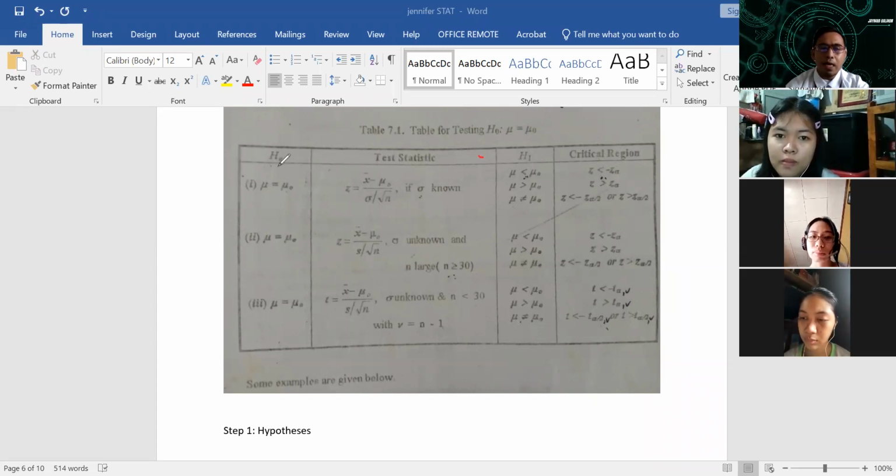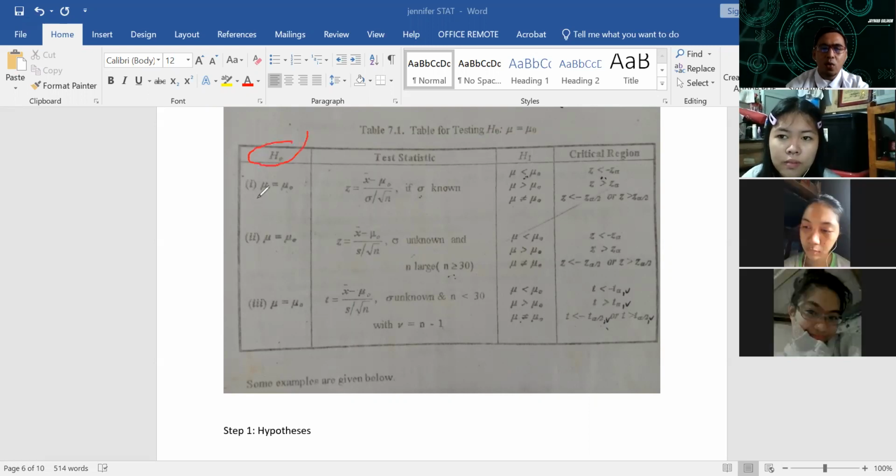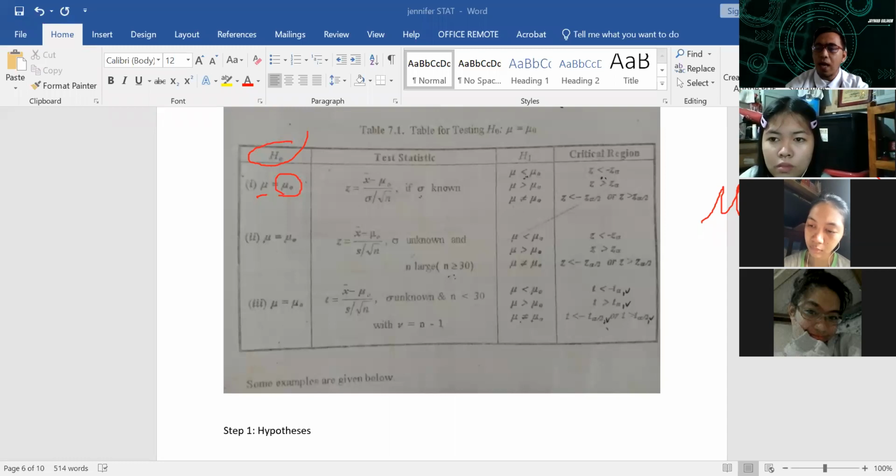Again, this table. The null hypothesis and the alternative hypothesis. So, the null hypothesis is always the population mean equal to your claimed mean. Earlier, we said the mean is less than 25 kilograms. This 25 is called the claimed mean.